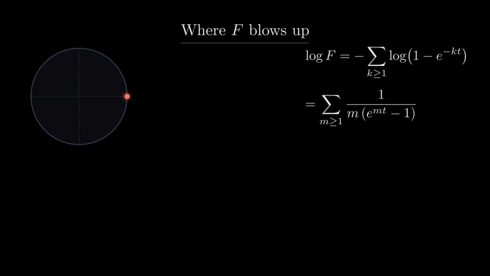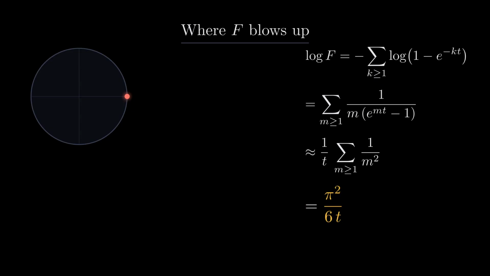Make that swap and the whole thing collapses into 1 over t, times the sum of 1 over m squared. And that famous sum, Euler's Basel sum, equals pi squared over 6. There it is, the very first pi, sneaking in through a sum of reciprocal squares.